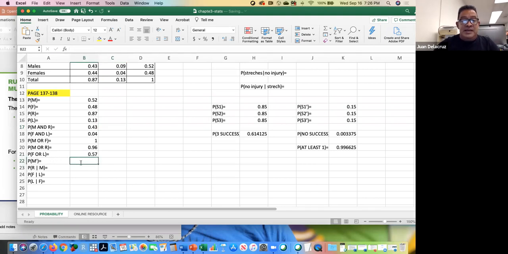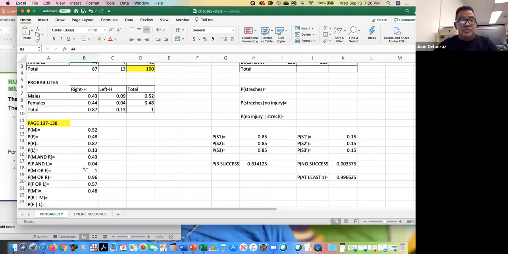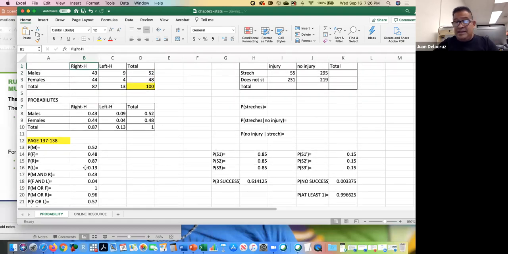So we also have the probability of the complements of males. So that is going to be equal to 1 minus the probability of males. So the conditional probability of right-handed, given that the person is a male. So basically speaking, we're gonna see the probability that the person is right-handed, given that the person is a male.